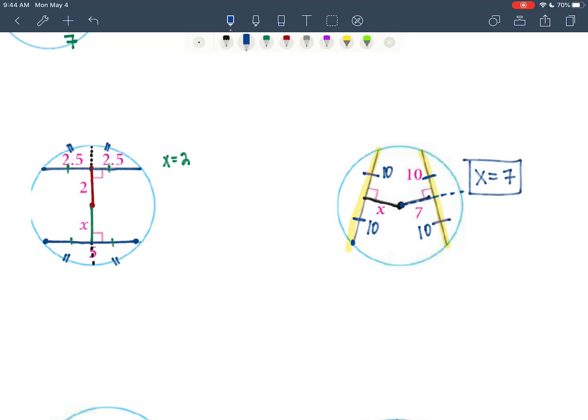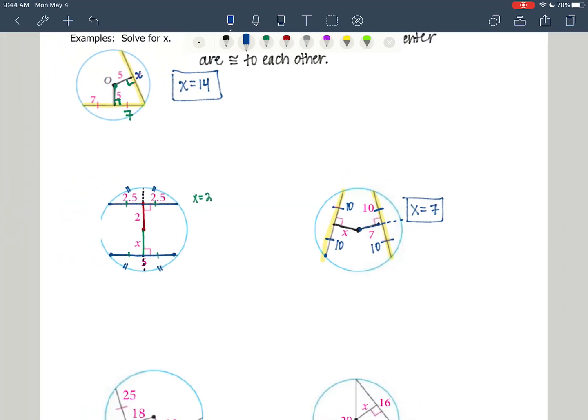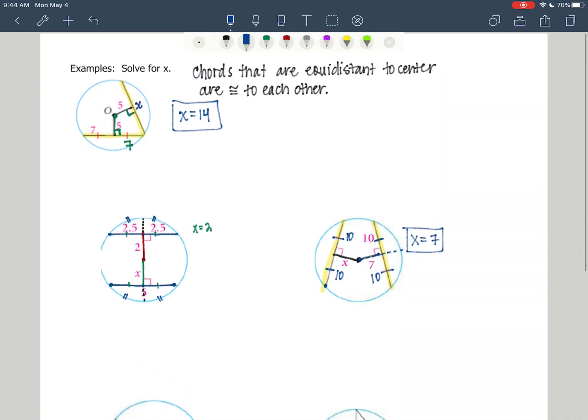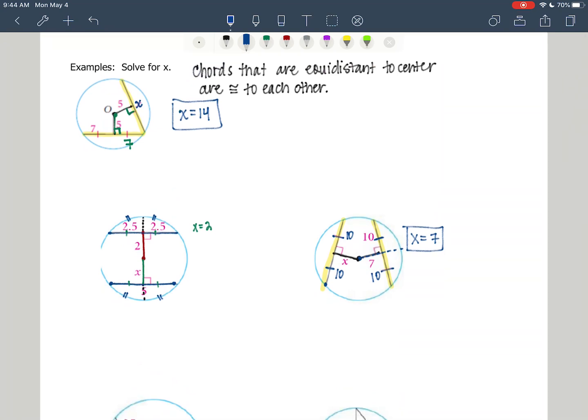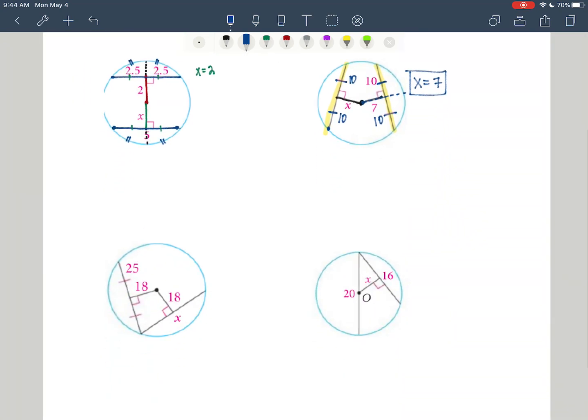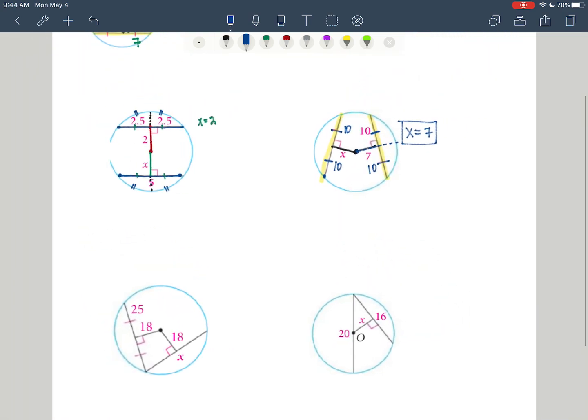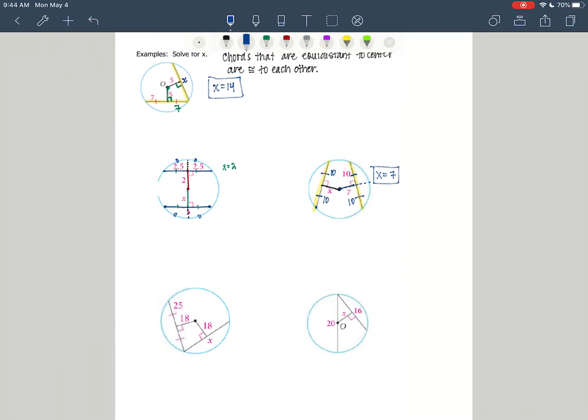So the chords are equidistant to the center, they're going to be congruent chords. So when the chords are equidistant to the center, they are congruent to each other. So if we can determine that they're congruent to each other, we know that they're equidistant.